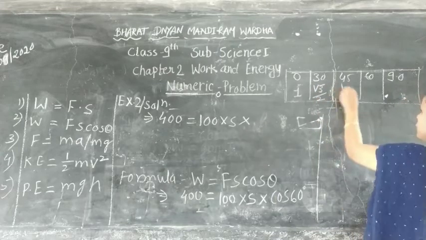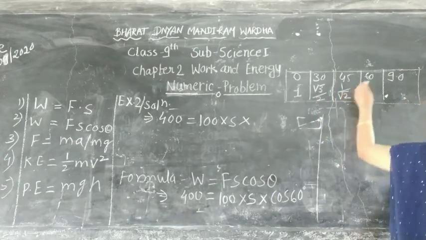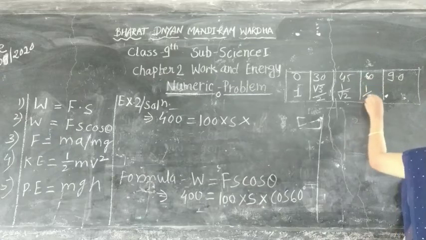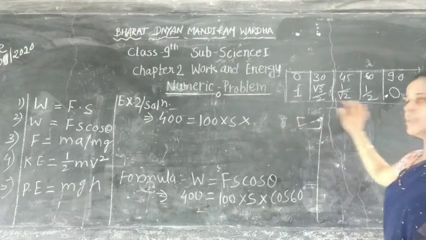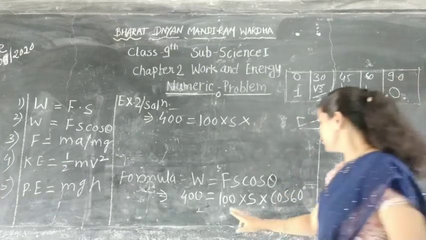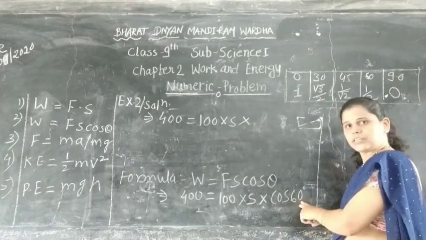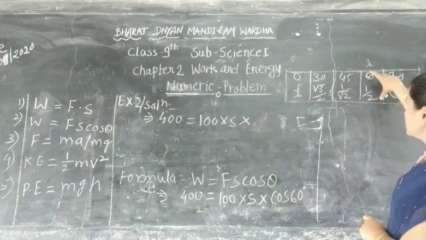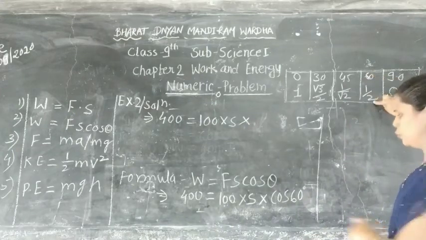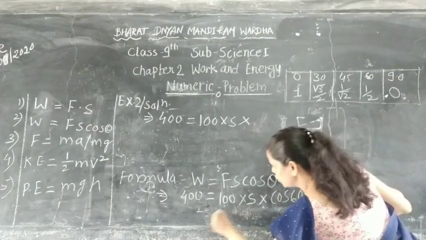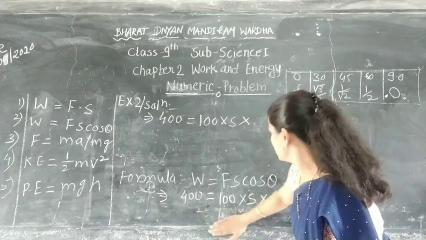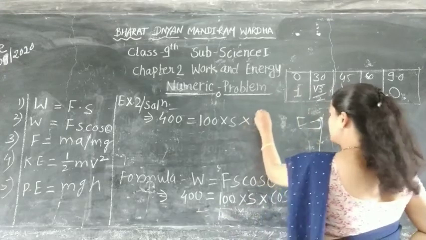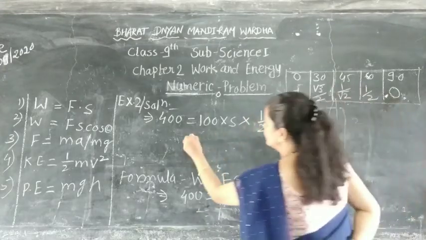Cos 45 is 1 upon root 2. Cos 60 is 1 upon 2. Cos 90 is 0. Okay, so learn this table. Here cos 60 is given, so write down the value of cos 60: 1 upon 2. So 100 into 1 upon 2. Then solve.